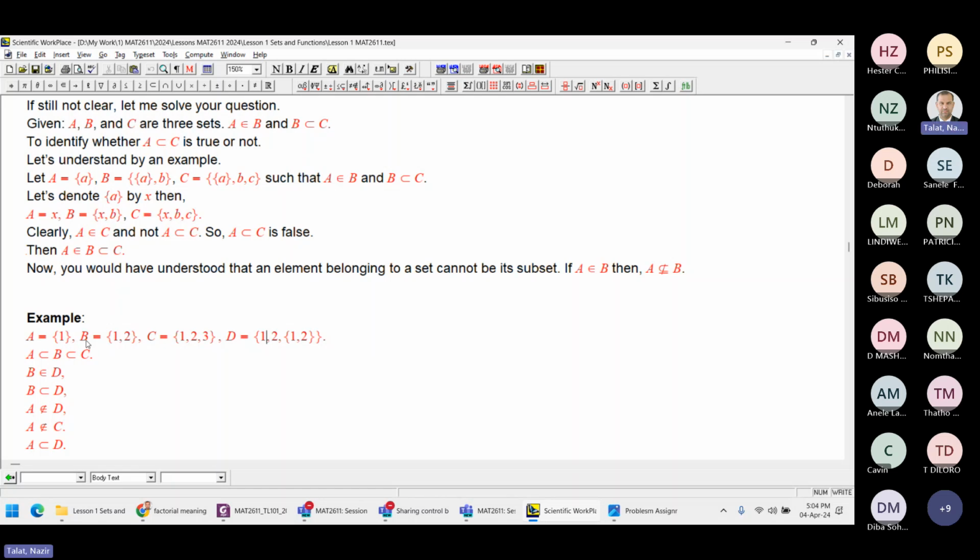this B is a subset of that one, and suppose that we make another set E, which contains, for instance, 1, 2, and another element.